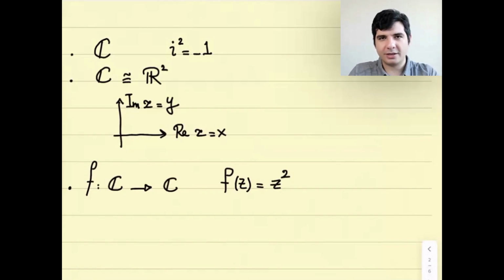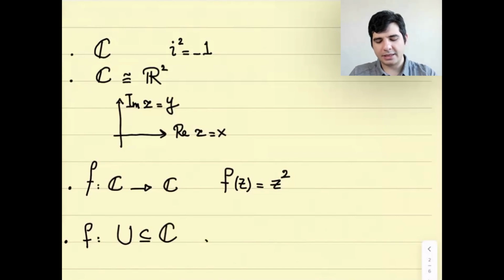The functions where the domain is C or a subset of C and the target is also C. So more generally, we might have a function f where the domain is a subset of C. So let's say U is a subset of C and the target is C. Usually we assume the domain is an open subset. I will explain what that means in a second.